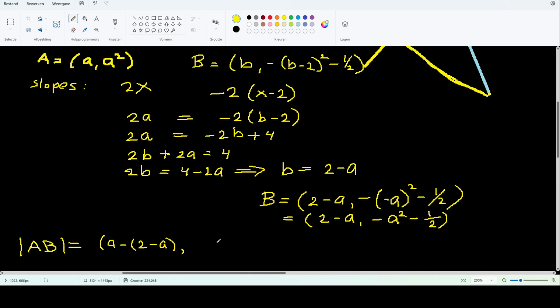That's the first coordinate. And then second coordinate will be a square. It will be this part here, in which we subtract that part, minus a square minus 1/2. Okay, so that's the vector, and that vector we have to take the length of.